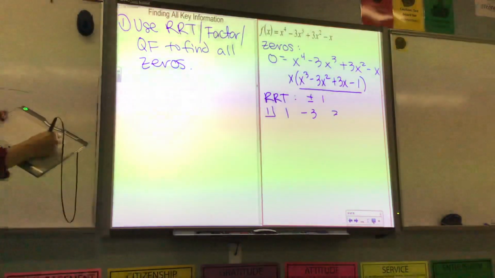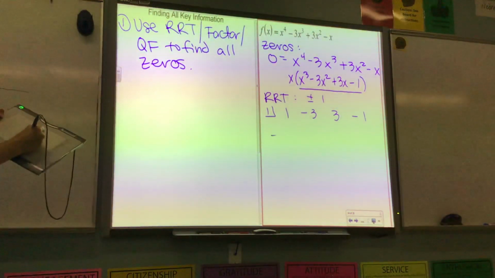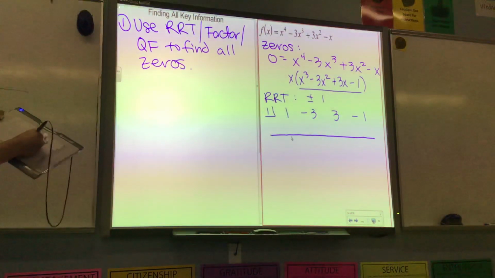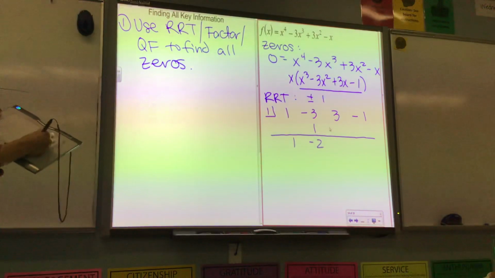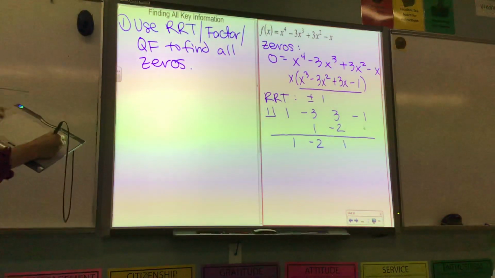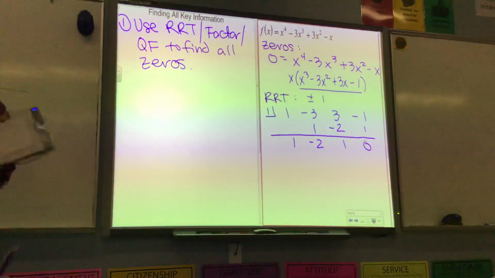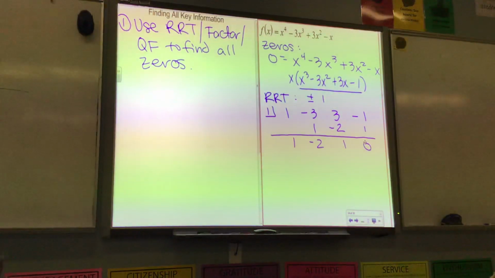One. 1 goes in? Yep. Cool. Glad we agree. Now let me get that quadratic formula of that. So now if I write it all in factor form, I have this x.